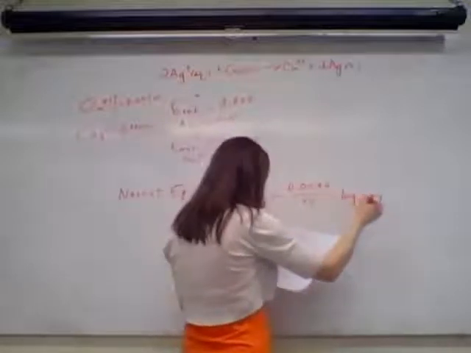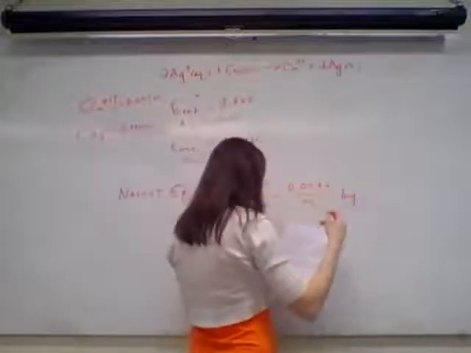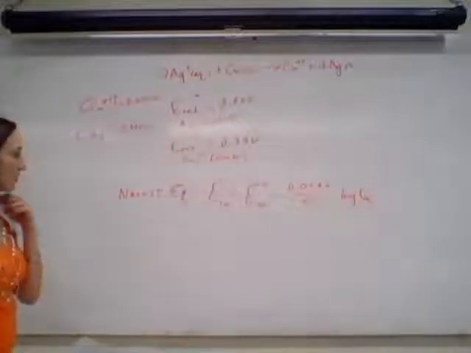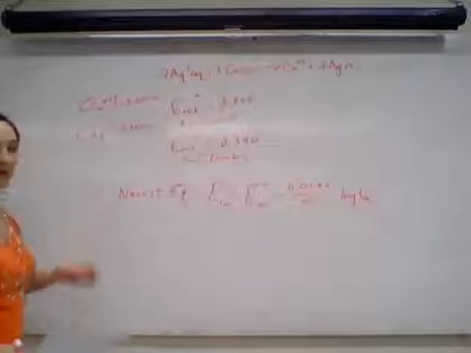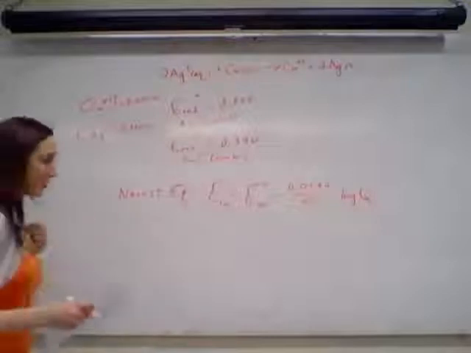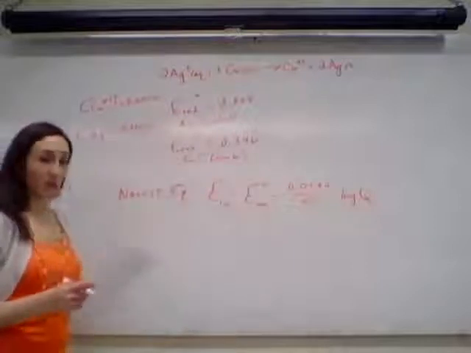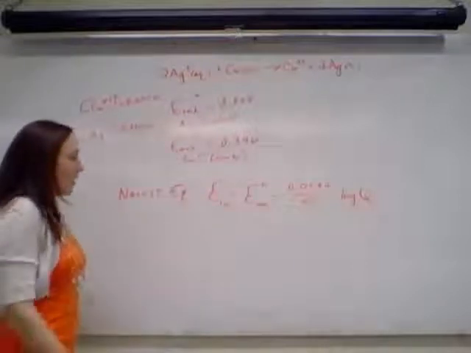And for whatever reason, the convention is, instead of dealing with natural log, they have converted that to the log of Q. So again, the derivation of this equation comes from that delta G equation for non-standard conditions that we saw in the last unit, that's just been reworked with the values and relationships we talked about in this unit. So I need to plug in here.